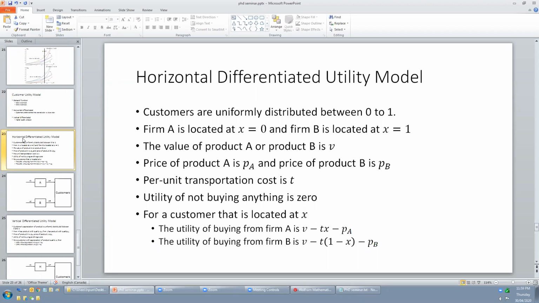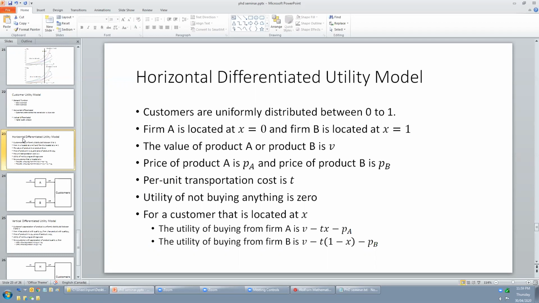You are living 0.5 away from B, so it would be 10 multiplied by 0.5, which is 5. So you also have to pay $5 travel from B, minus 50. So you also have a utility of 45 buying from B. So the customer located in the middle is called the indifference customer.